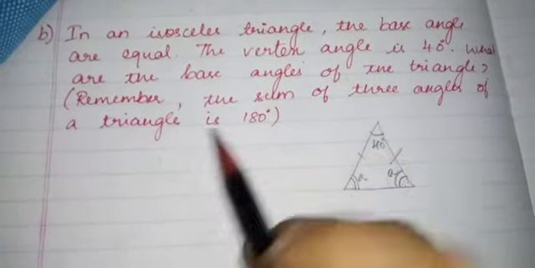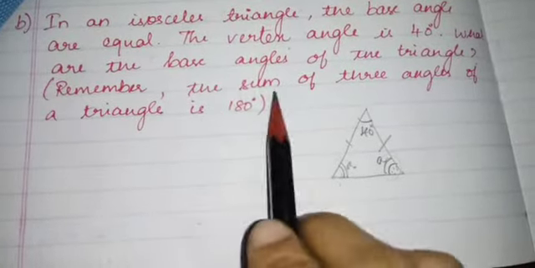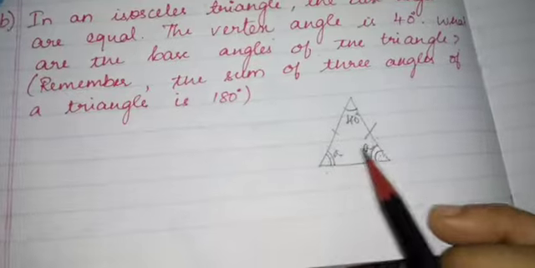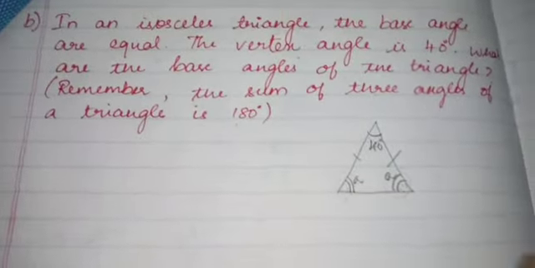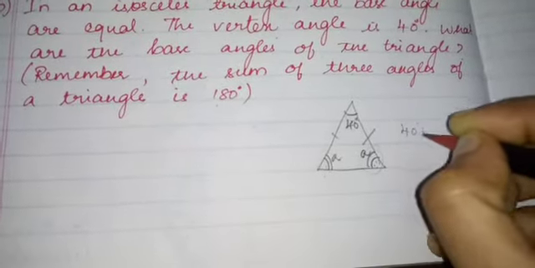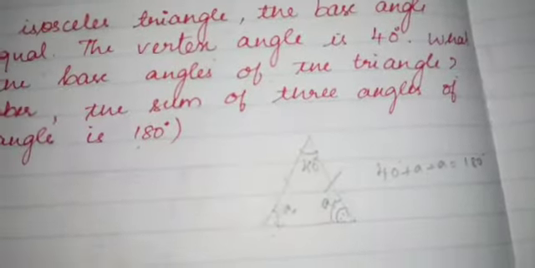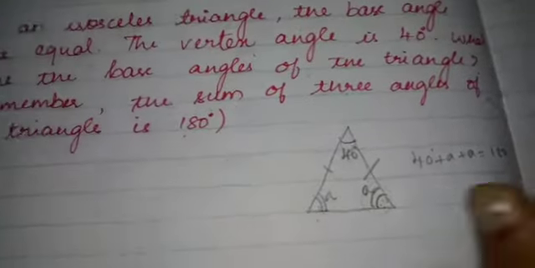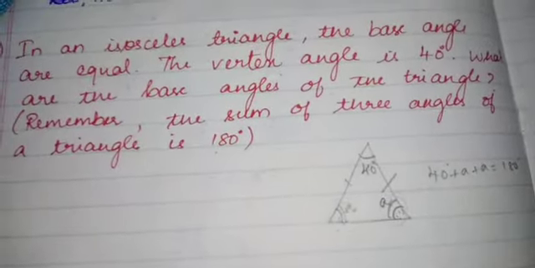So I know what hint is given. Remember, the sum of three angles of a triangle is 180. If you add all the three angles of a triangle, what is it, children? 180 degrees. So 40 plus A plus A is equal to 180. This is the beauty behind this problem. So we have to find the value of A.